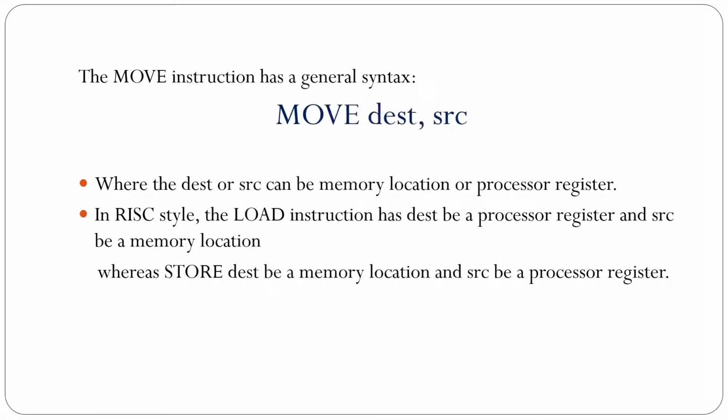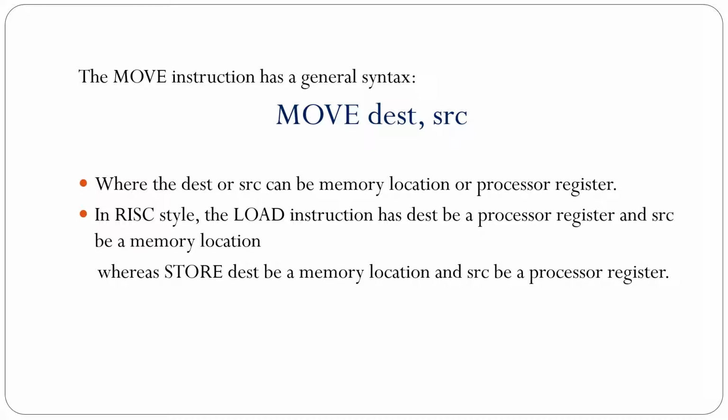The move instruction has a general syntax: move dest src, where the dest or src can be memory location or processor register. Likewise, in RISC style, the load instruction has dest be a processor register and src be a memory location, whereas store has dest be a memory location and src be a processor register.